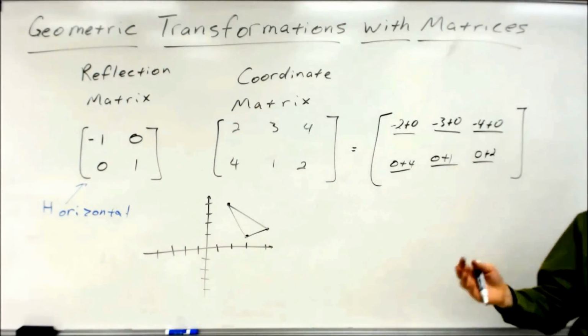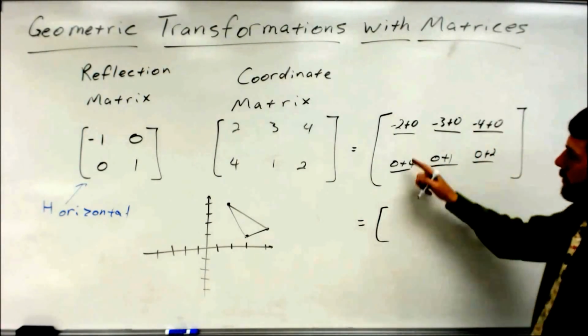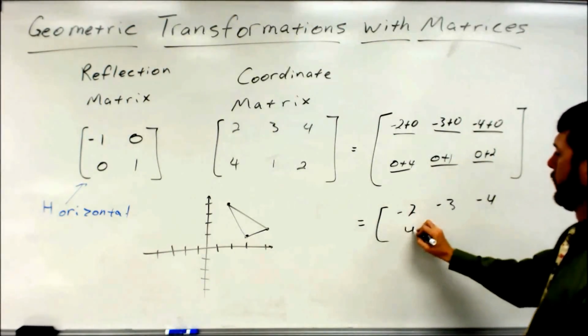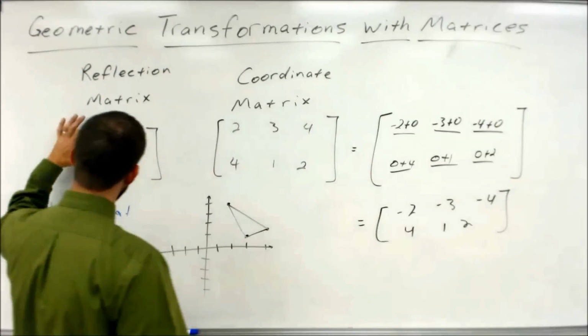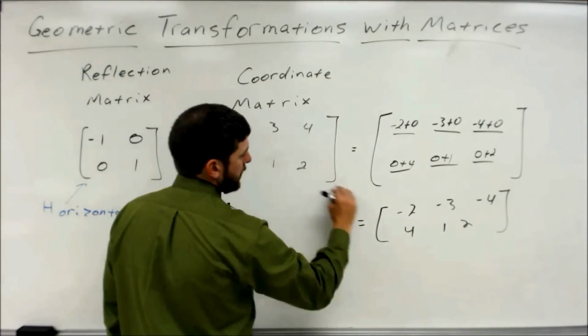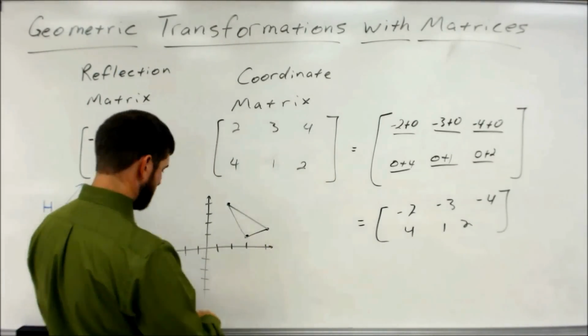So multiply first times first, second times second, and add those all together. Do the arithmetic: -2, -3, -4, 4, 1, 2. So you see by putting that -1 on my x row, it made all of my x's go opposite. The +1 on my y row made all my y's stay the same.